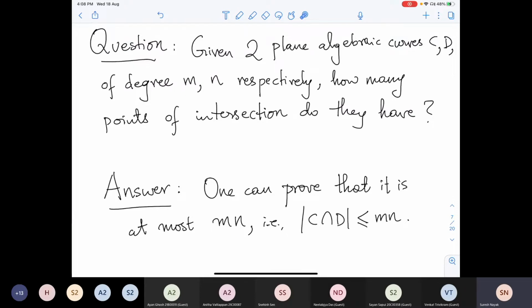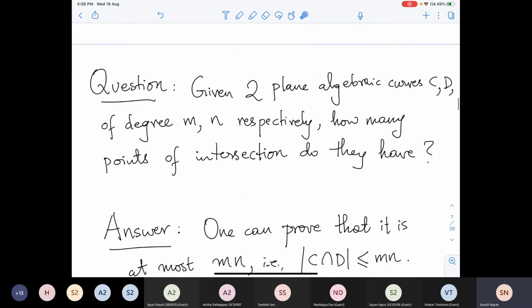So the number of intersection points of these two curves C and D is at most m times n. And so if n is 1, then the number of points of C with any line is at most m, where m is the degree of the curve. And so that gives you one possible interpretation of the degree. It's the maximum number of points you could have by intersecting with a line.